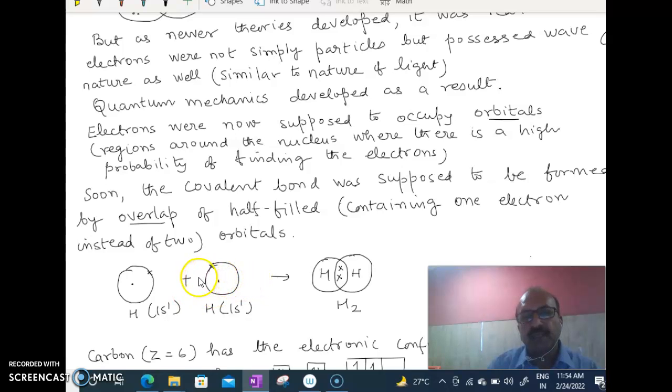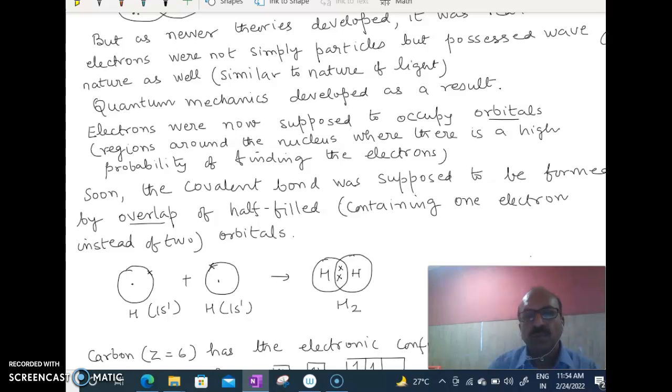Now, there is a greater probability of finding the electron pair in the region between the two nuclei, and therefore the electrostatic force of attraction between the negative charge of the electrons and the positive charge of the nuclei is actually responsible for the bond which is formed between the two hydrogen atoms.